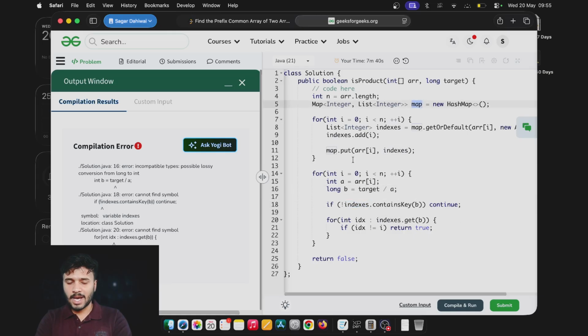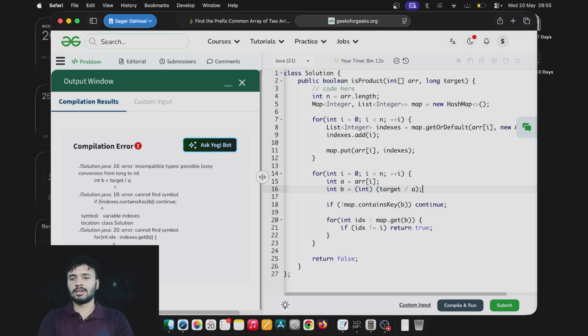We have map, and every map has a list that we are traversing. Everything looks good since we are checking whether B is present or not. It should be int, so we can typecast here.